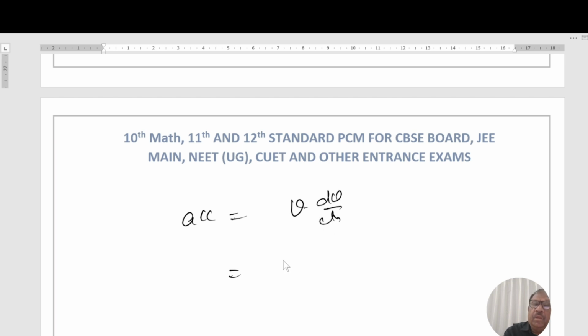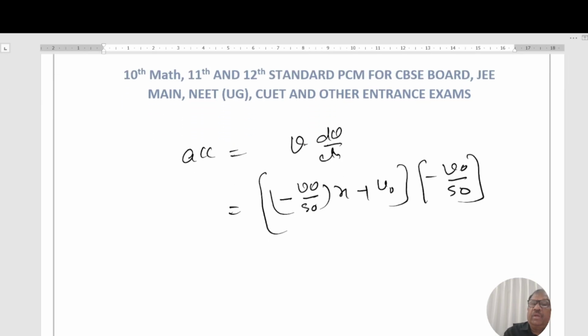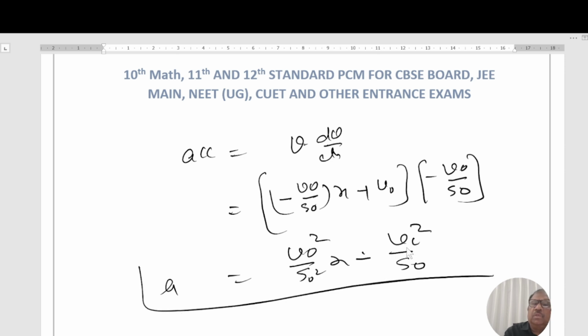V is minus v naught over x naught into x plus v naught, into minus v naught over x naught, the slope. We simplified this. This comes out to v naught square over x naught square into x minus v naught square upon x naught. This is acceleration.